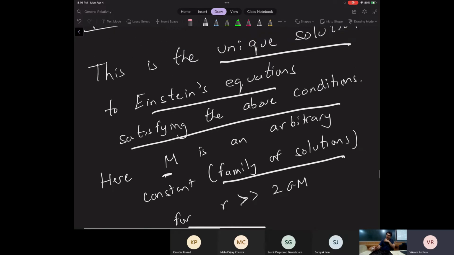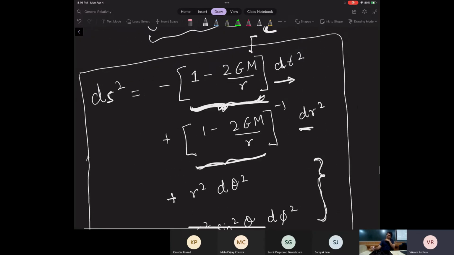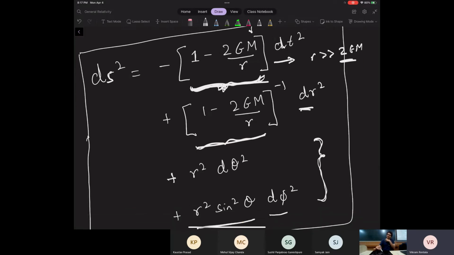Now you can see something interesting. Let's look at the limit of this metric where r is much greater than 2GM, that constant. In that limit, you can take the term 1 minus 2GM by r and do a Taylor expansion, keeping terms to first order in 2GM by r.